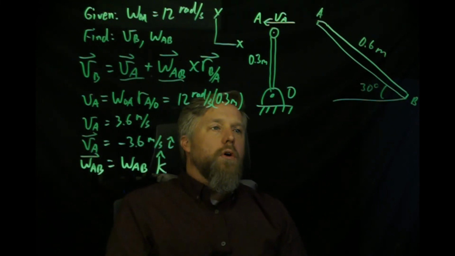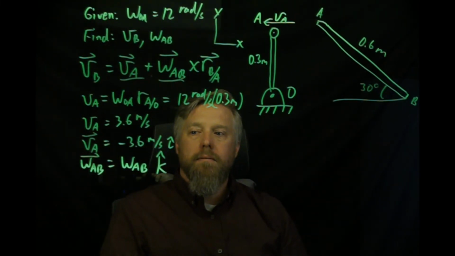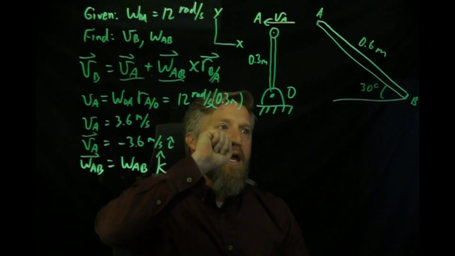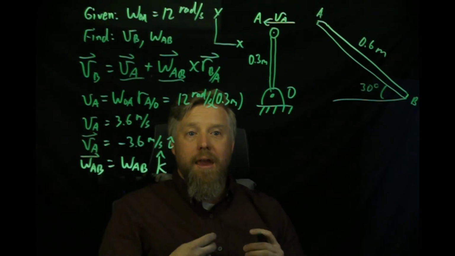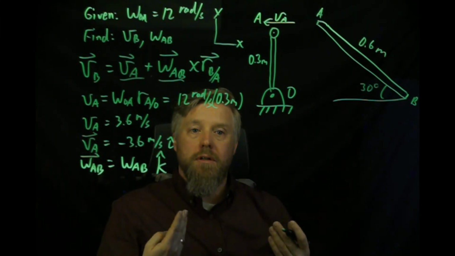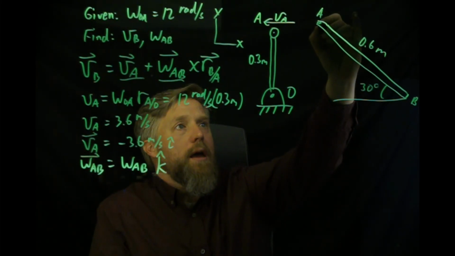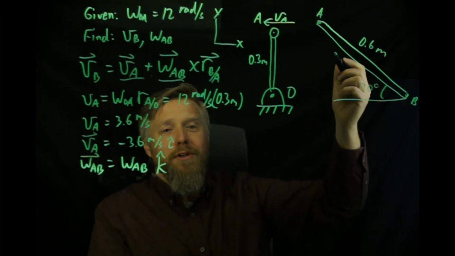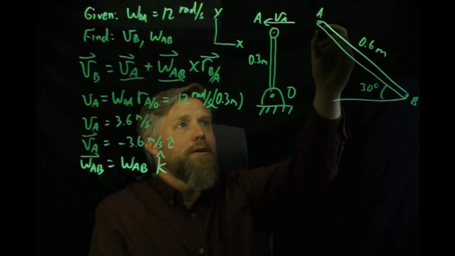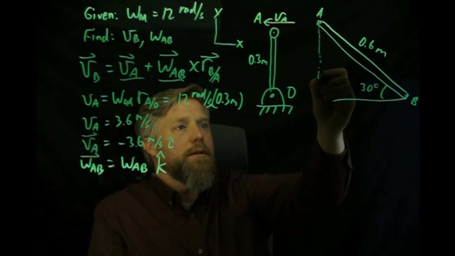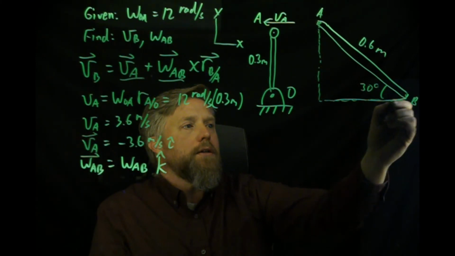OK, so we need the position of B with respect to A. That means that you're standing at A walking to B, right? If I'm here at A and I'm walking to B, I'm only allowed to go in two directions, x and y. So I'd first go down in the y direction, and then I walk over in the x direction.